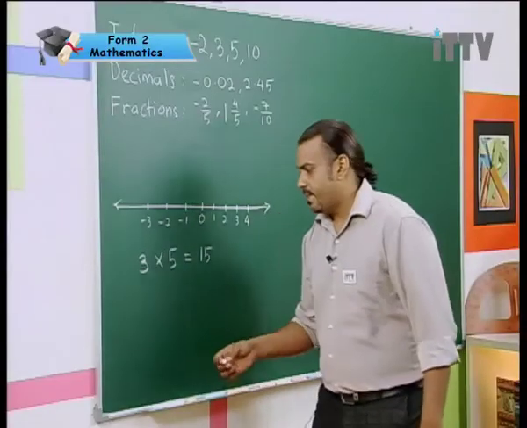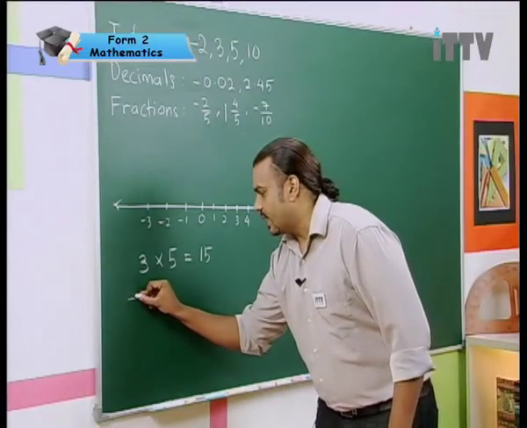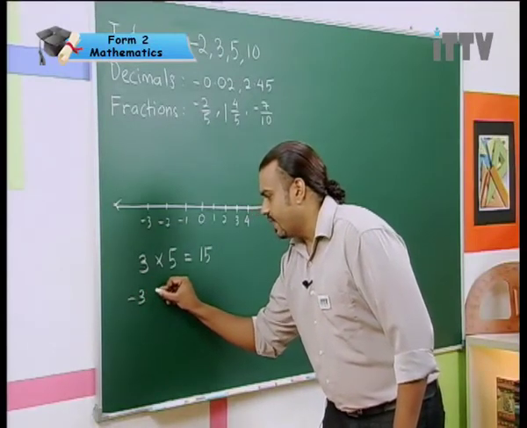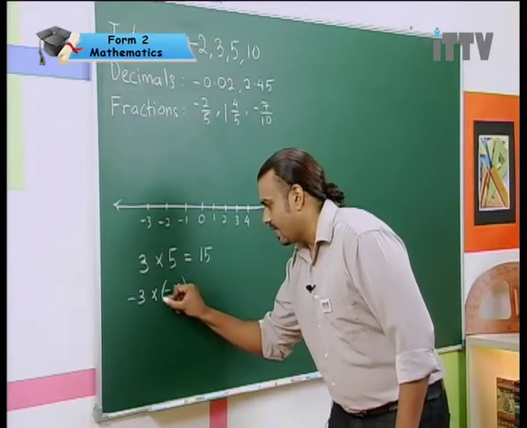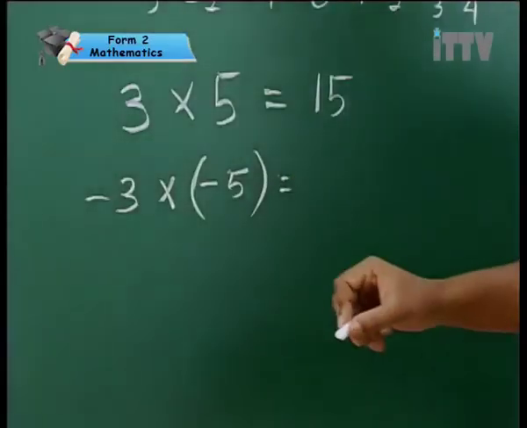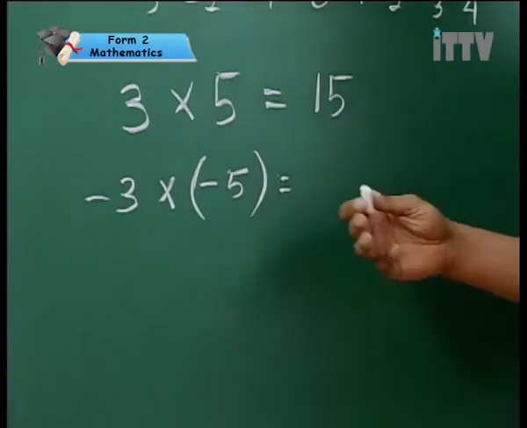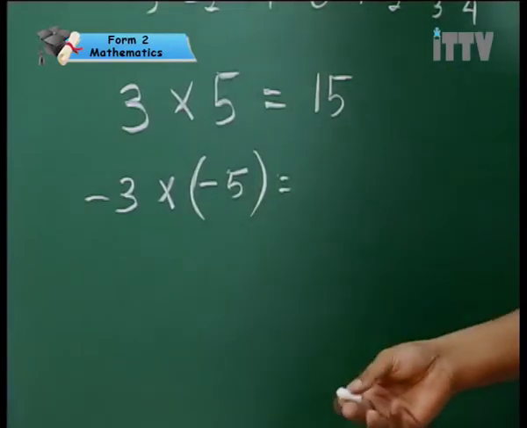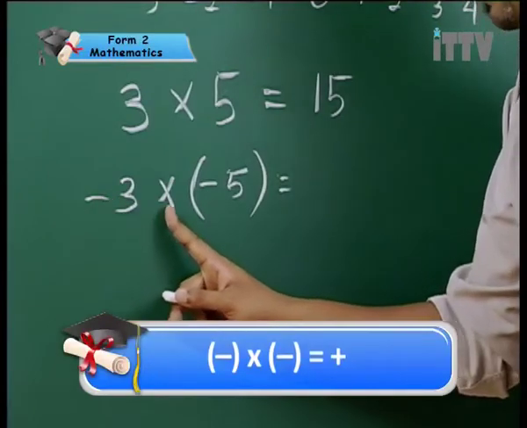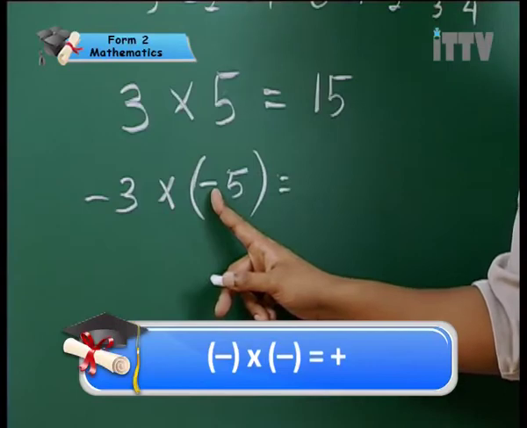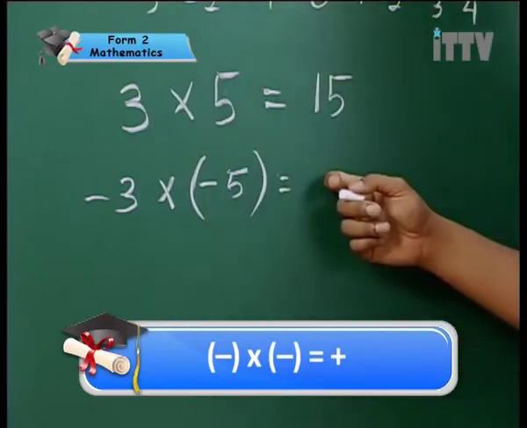Let's try another way. If I have negative 3 times negative 5 in brackets, what will be the answer? The first step that we've got to do is find out the integer signs. Negative multiplied by negative is supposed to give rise to a positive integer.